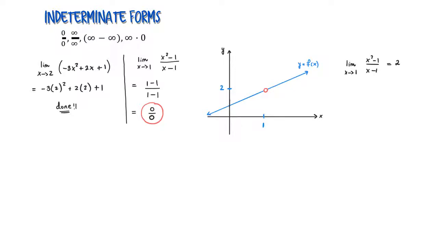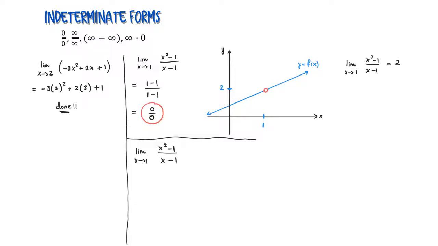So how can we get to the same conclusion that the limit is 2 without having to sketch a graph? And this is what typically we are going to do. Whenever we are given a limit, again, the limit as x approaches 1 of x squared minus 1 over x minus 1, you immediately check for continuity because remember, this is the smart thing to do as I emphasized in the previous section.